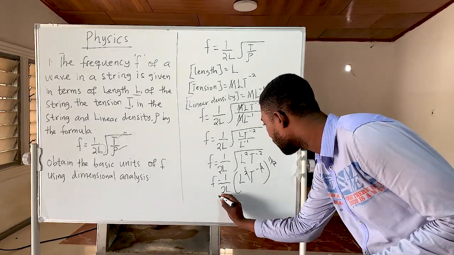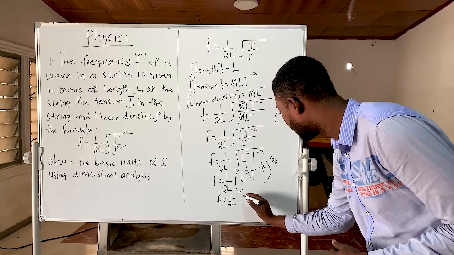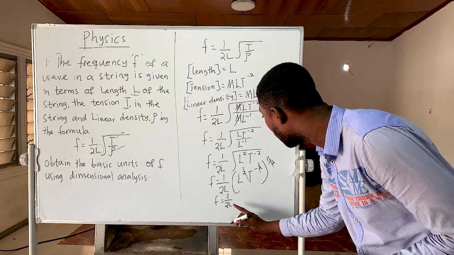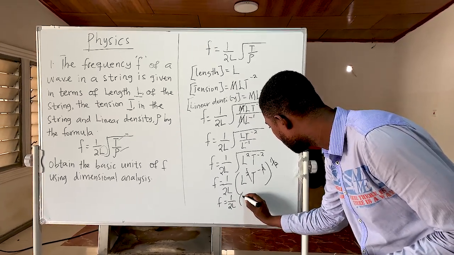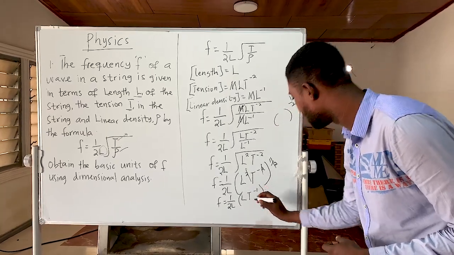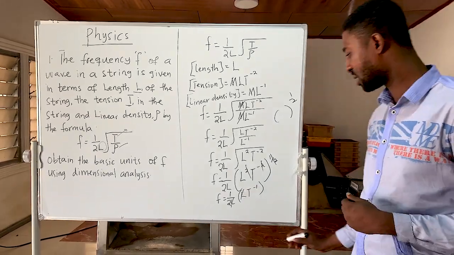So I'm going to have F equal to 1 over 2L, LT minus 1. So here this L will cancel this L.